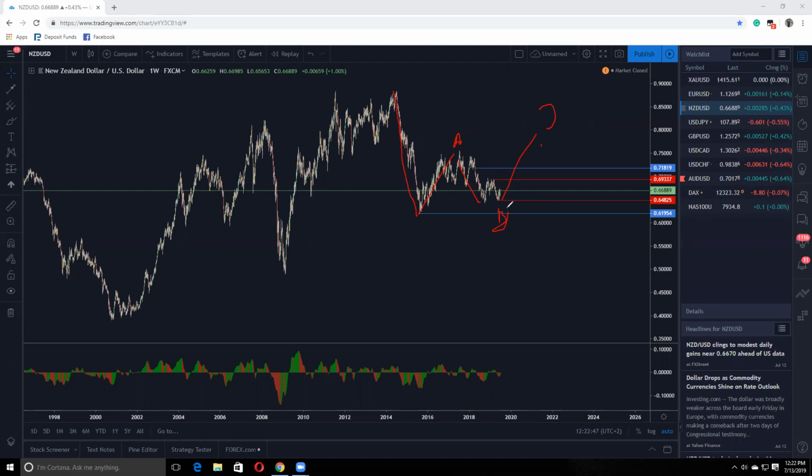We check. So that's why we're looking for downside. Even if they crawl all the way and break this low, they're still gonna give us this move up. We check. So either way, they're gonna give us this move before continuing to the downside.